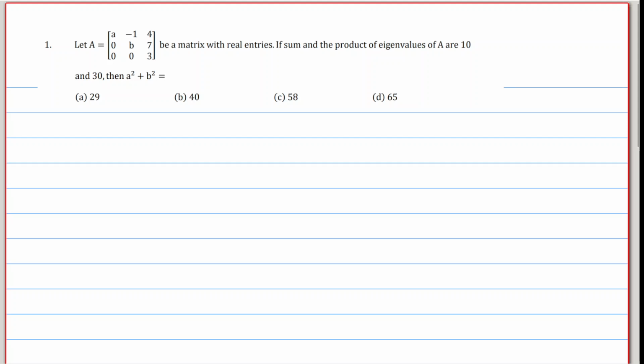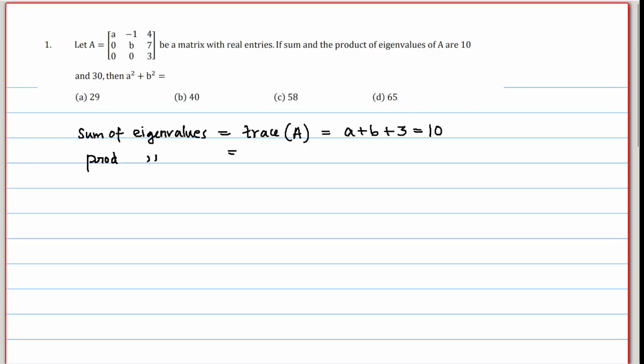That means the sum of eigenvalues is equal to the trace of the matrix, right? That is given to be 10. Then they are saying the product of eigenvalues, but that is the determinant of A, right?